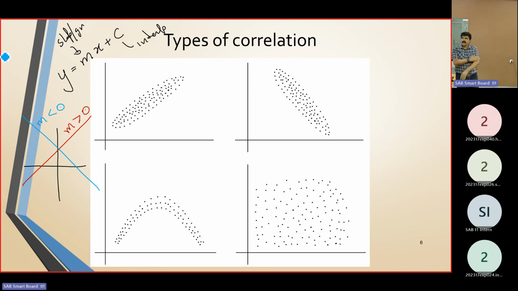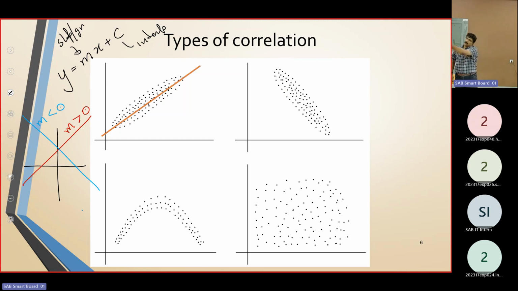Now suppose you are given a data set and you have drawn the structure and you got this scatter diagram. Now, if you get this scatter diagram, then you can think of an imaginary line like this. So the points are evenly distributed along this line.